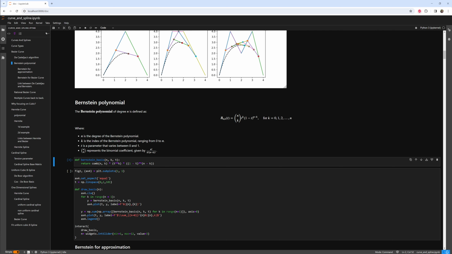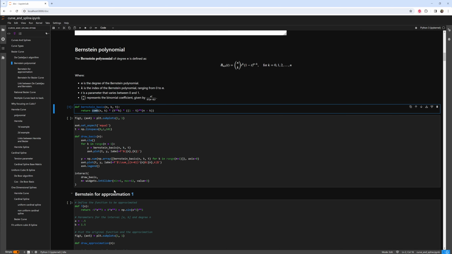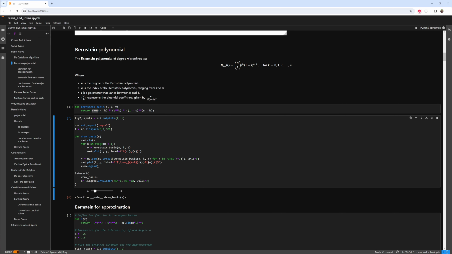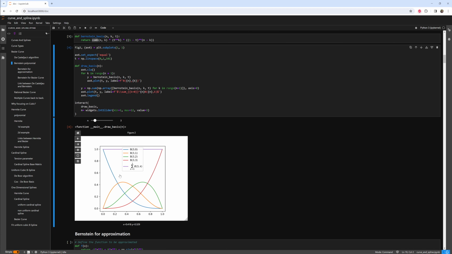So that's the Bernstein basis. Just using that formula, the binomial coefficients you have here in front, in brackets, I'm using the comb function from SciPy. And then if I just draw all of those, for instance for degree 3, I will go degree 1 first, so you can see what happened.